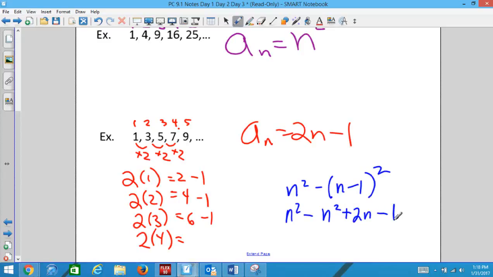I'm FOILing it out and distributing my negative sign. What ends up happening after I multiply it out and distribute my negative sign? If you simplify it, you'll still get this answer. Okay, I just wanted to make sure. Yeah, good job.